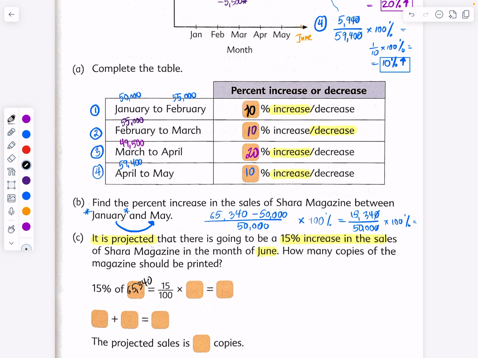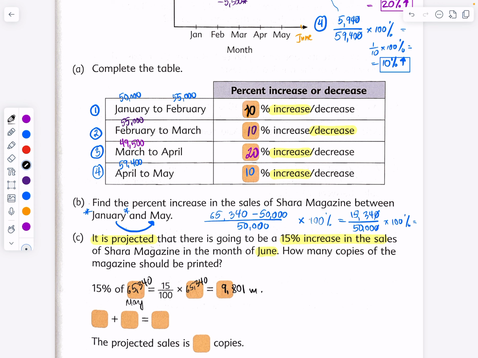And we've learned how to calculate percentages last week. 15 out of 100 times 65,340 copies. That's May. Let me label it. That's May, right? And if you do the math, you will realize that they want to sell 9,801 magazines more in June.